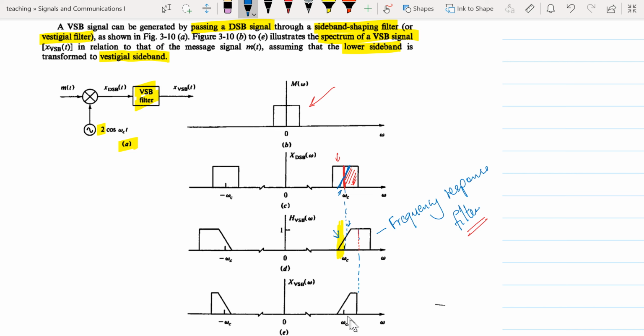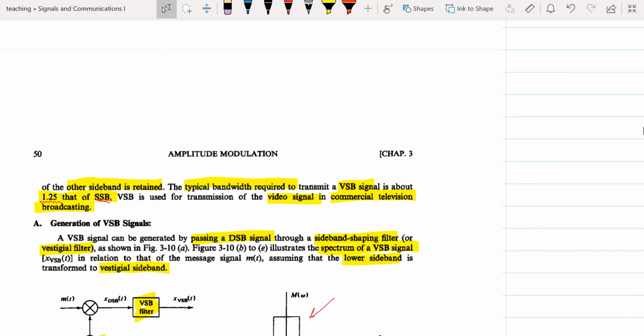So at the end of the day, we end up with a spectrum that is 1.25 or 1.2 or thereabout of the SSB modulation scheme. There's some advantage to this, and we'll see shortly. But clearly, that is how we end up with a vestige, and we call this type of modulation vestigial sideband modulation.